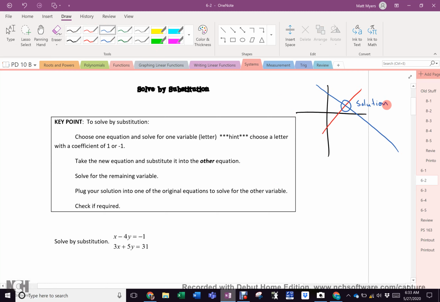And we discussed why it's not always the best way to solve a system, because what if that is not on a specific number on the graph, as you can see, that's in the middle. So that makes it a little bit hard to get an exact answer. So there's other methods to do that, and we're going to do one of them today. So substitution is what this one's called.